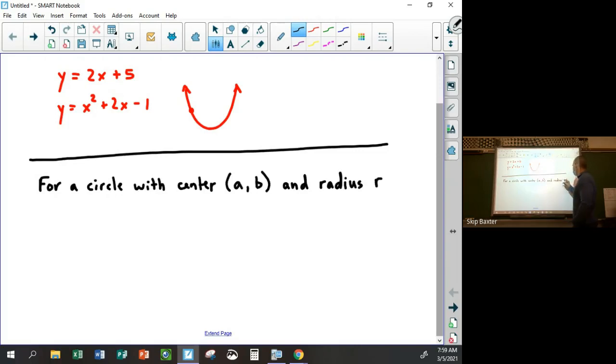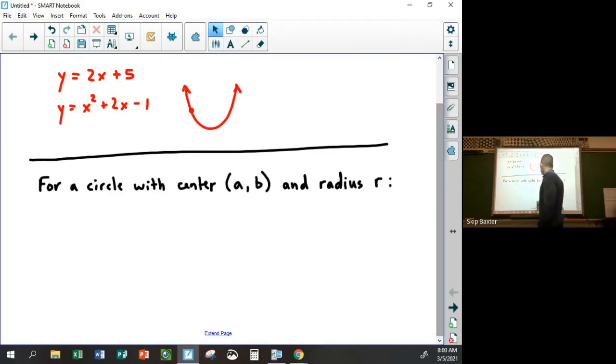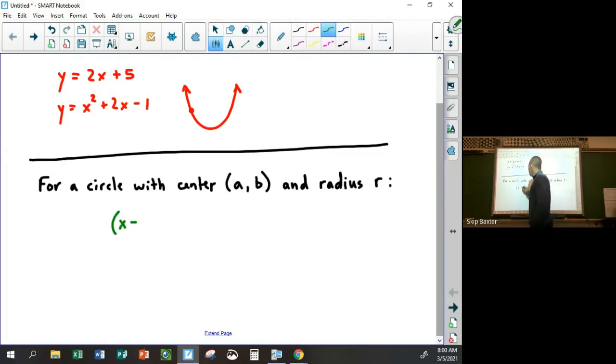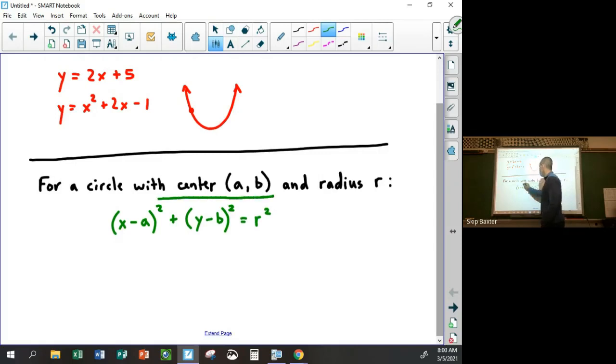Again, r could be any positive number, right? Radius has to be a positive thing. For any circle with center (a, b) and radius r, the equation is (x minus a) squared plus (y minus b) squared equals r squared. That's the equation.